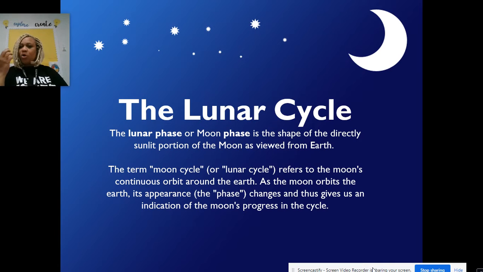And when you hear that word orbit, I want you to think revolution. Revolution, that is going around or orbiting around. So, once again, it refers to the moon's continuous orbit around the Earth. As the moon orbits the Earth, its appearance, which would be the phase, that's what we see, right? It changes and then it gives us this indication of the moon's progress in the cycle.